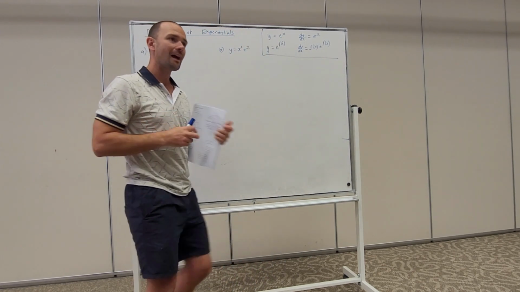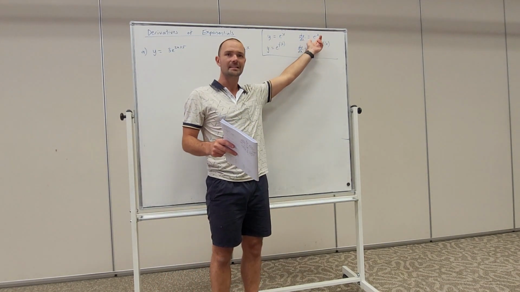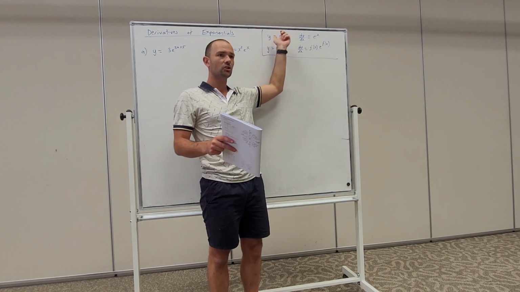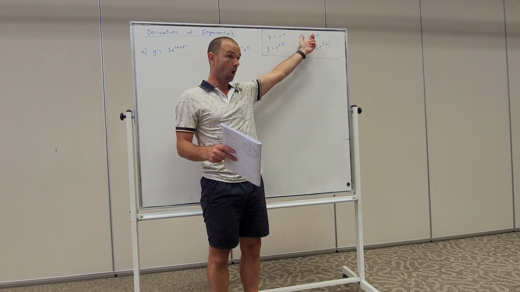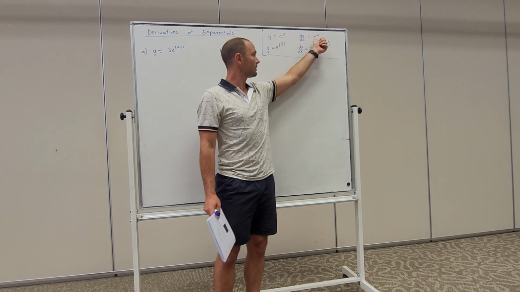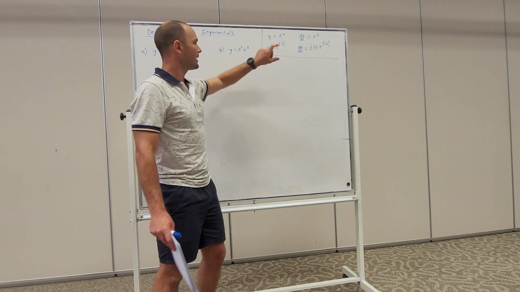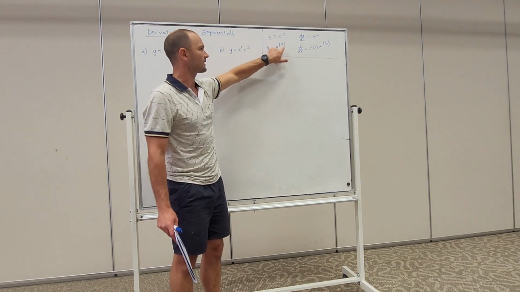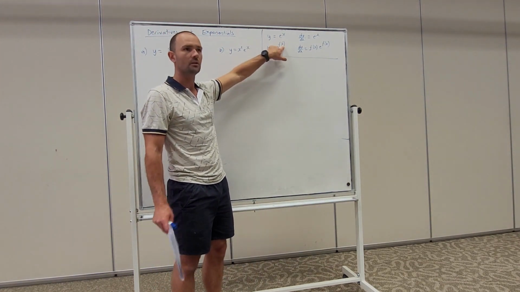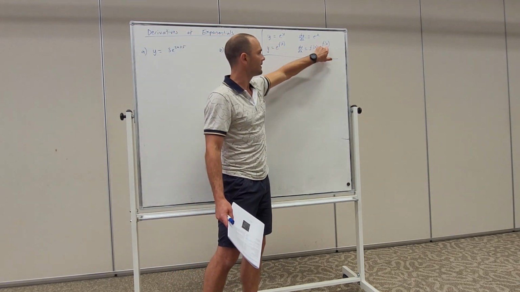If we have e to the power of x, then the derivative is e to the power of x. The function and the derivative are the same. This is the only function in all of maths for which the original function and the derivative function are the same. However, if we have e to the f of x, e to the power of some function, then the derivative will be f dash of x, e to the f of x.